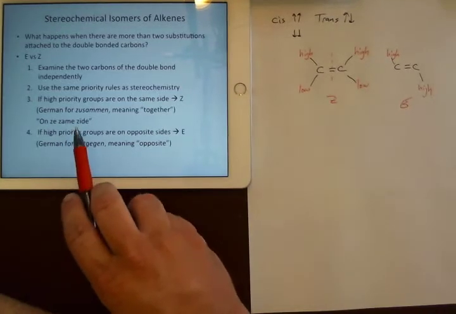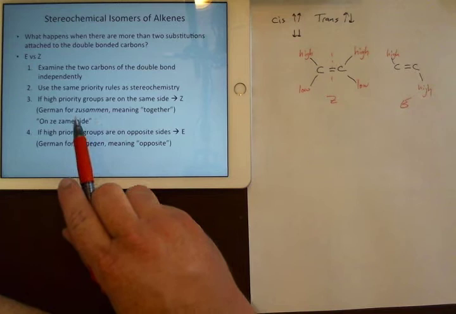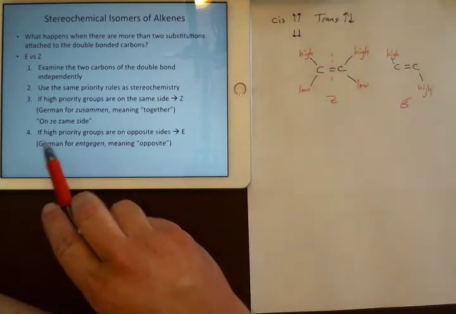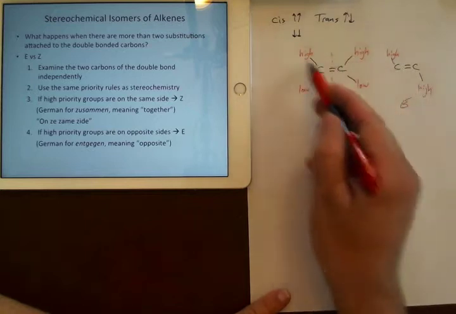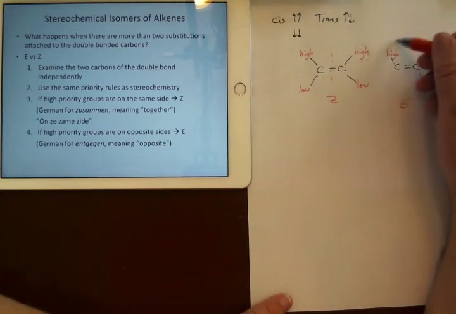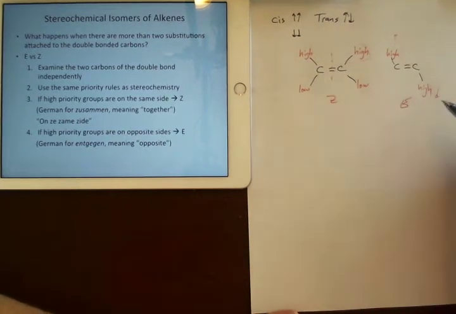The German for together is zusammen, because they're on the same side. So if the higher priority is on the opposite side, like a trans situation, it would be E.